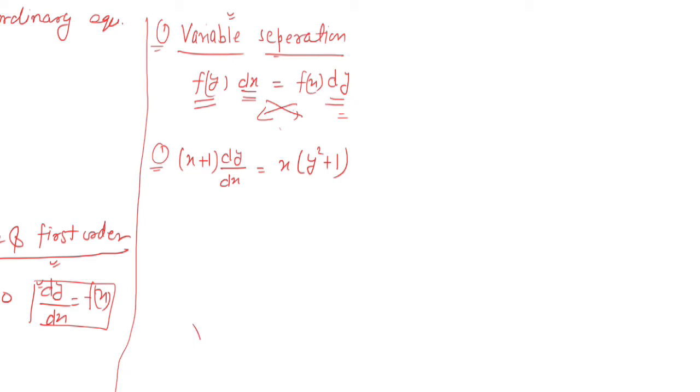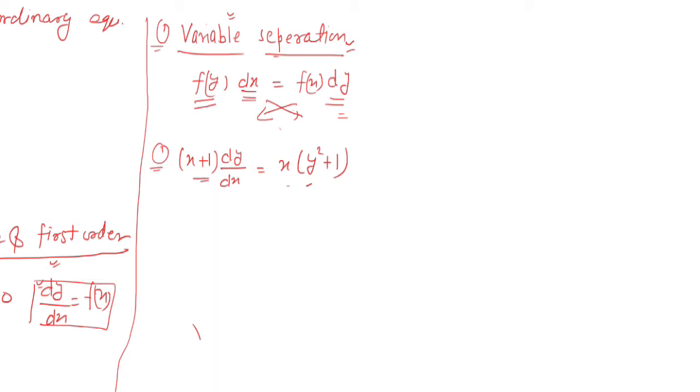Now if you see this equation, here is the function f(x) and y mixed on one side, and also the function y and x are mixed on the right hand side. So by using the method of variable separation, you will separate the y terms or the terms containing y on one side and the terms containing x on one side.